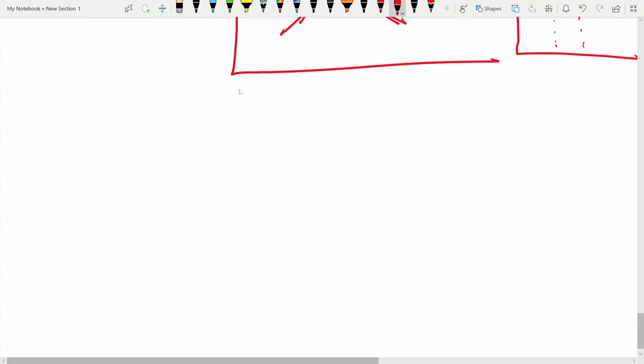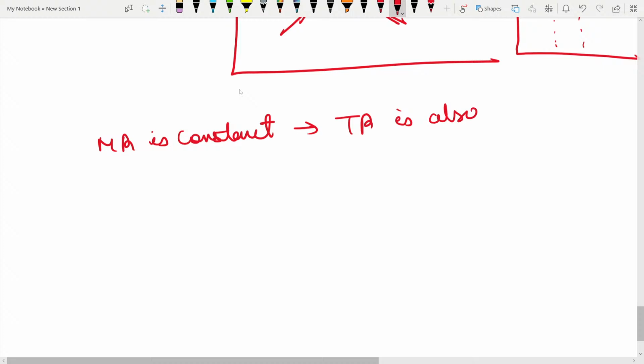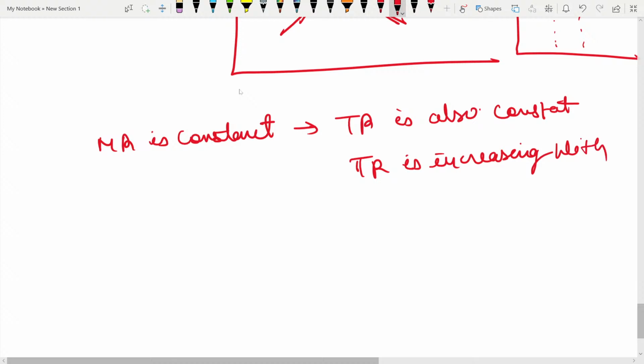Now, as we see that MR is constant, TR is also increasing with a constant rate.